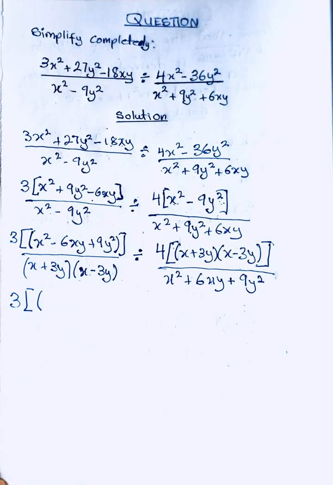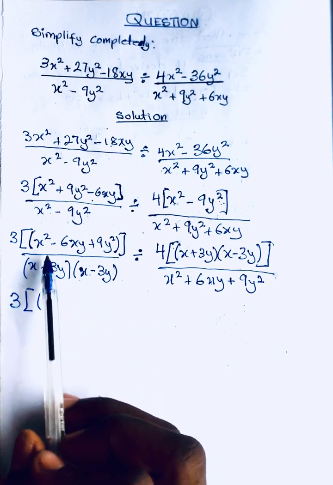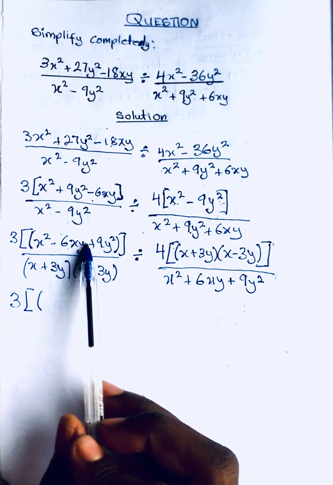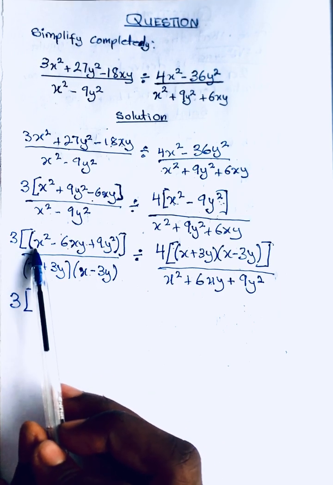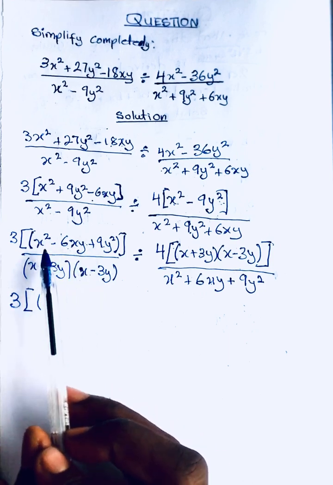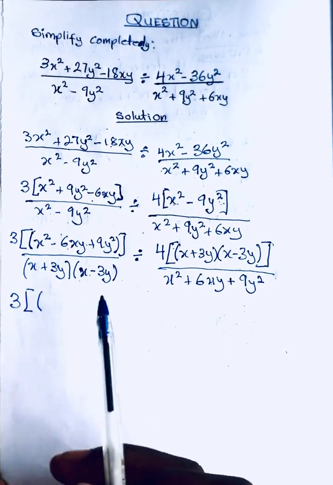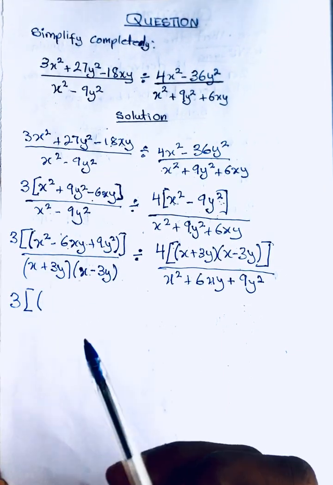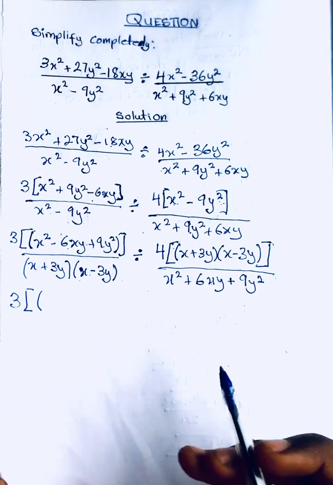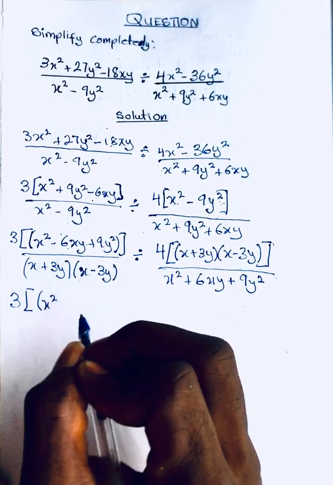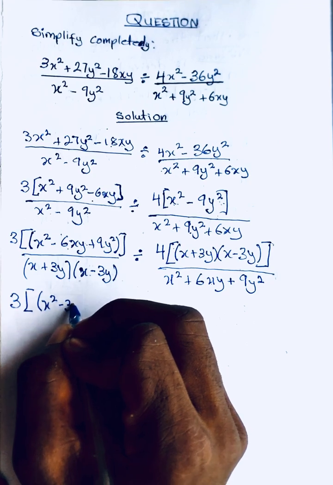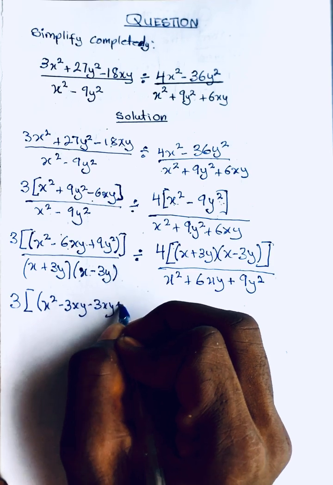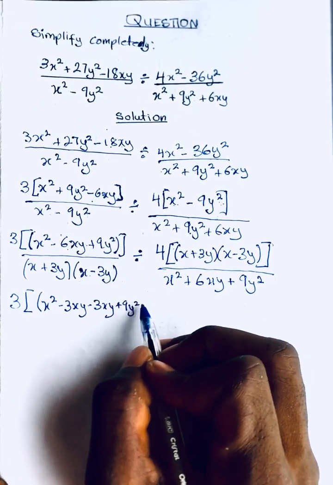So we are going to look for two factors which, when we add them, give the coefficient of xy, and when we multiply them, give the product of the coefficients of x squared and y squared. 1 times 9 is 9. With two numbers, when we add, we get negative 6, and when we multiply, we get 9. So it will be x squared minus 3xy minus 3xy plus 9y squared.